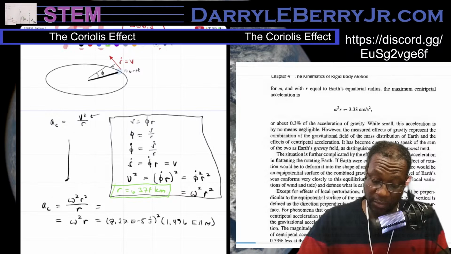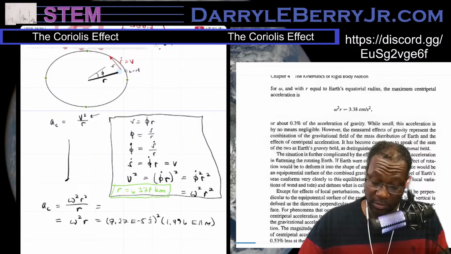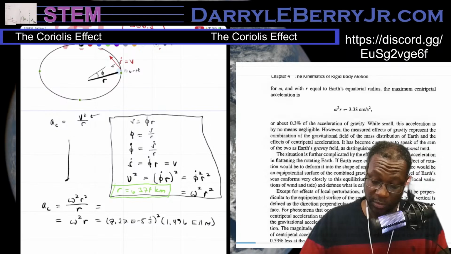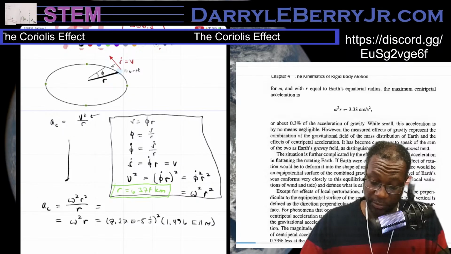It will be r, and I can actually make this a little bit bigger. So this whole thing is the Earth.